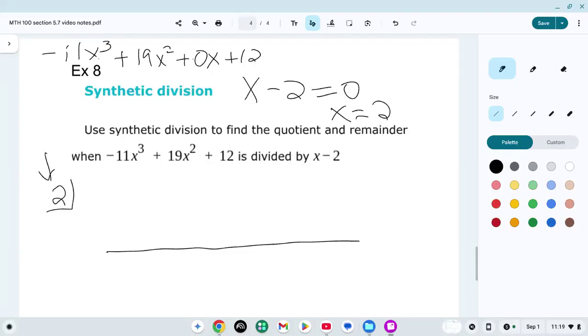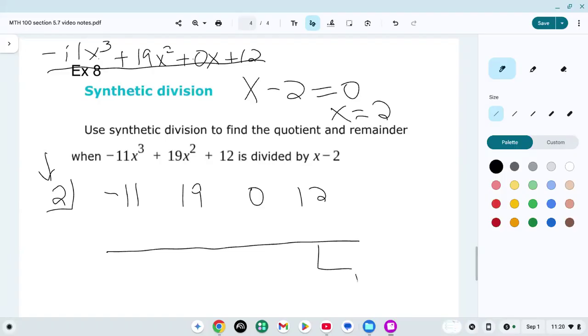Now, will they always have the number of terms they're supposed to? No, this one didn't, so I had to fill in the gap. Now I have all 4 terms identified. I'm going to remove the x, so negative 11, positive 19, 0, and positive 12.